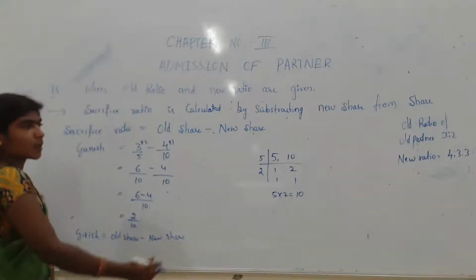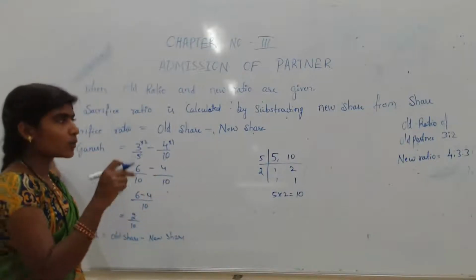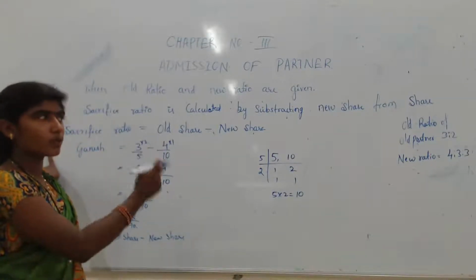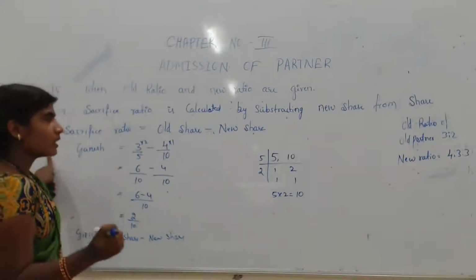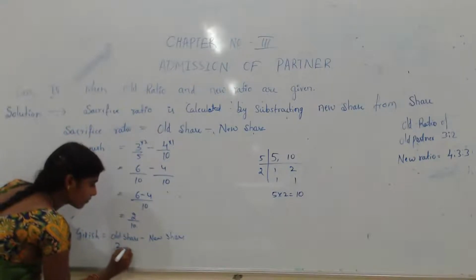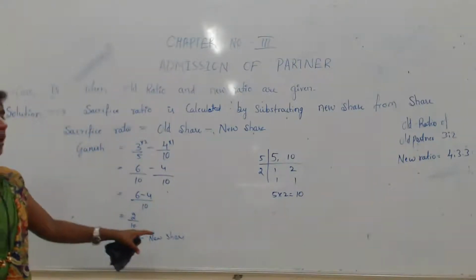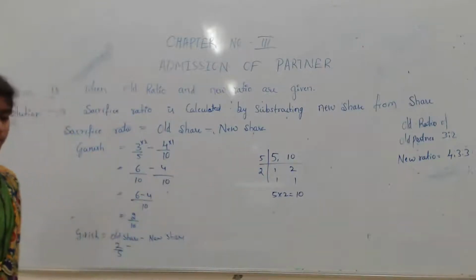What is the old share of Girish? 2, no? So 2 by that ratio is converting as a share, no? So 2 by 5 minus new share of Girish. So 3 by 10.